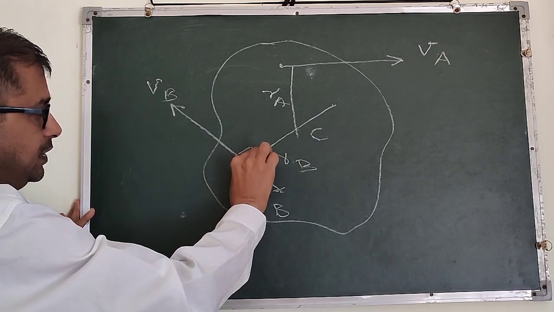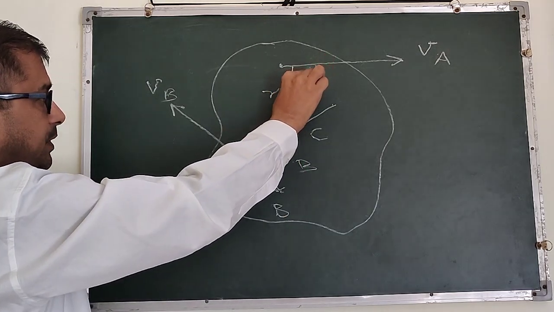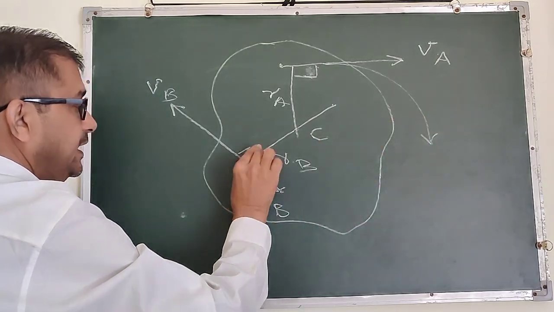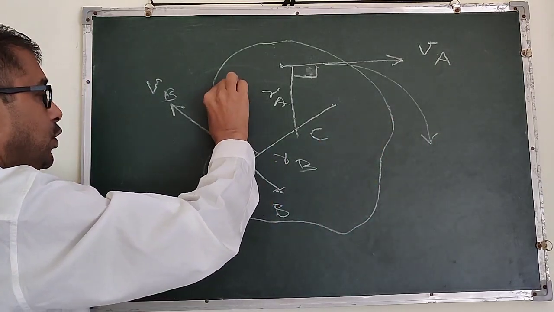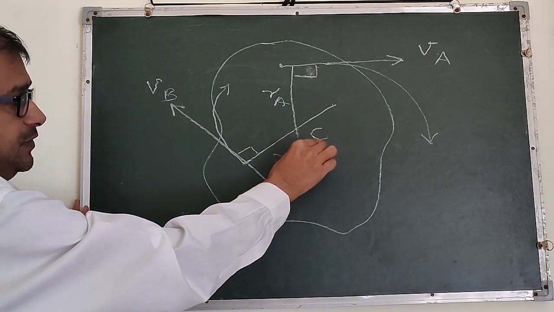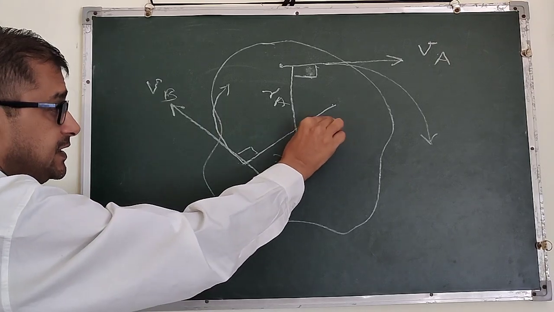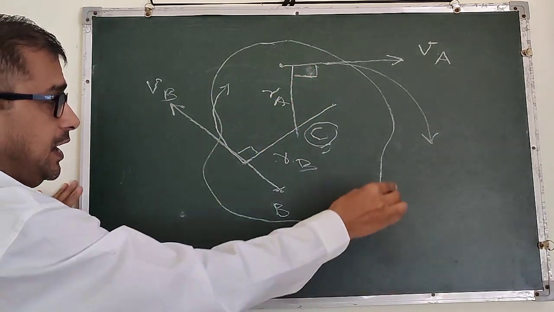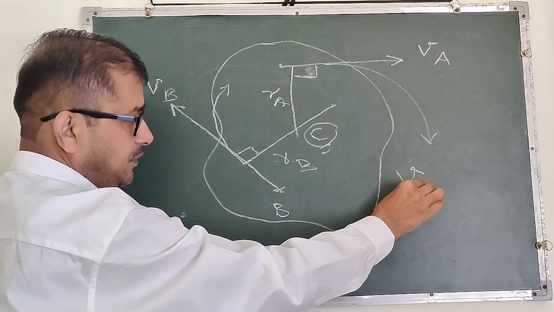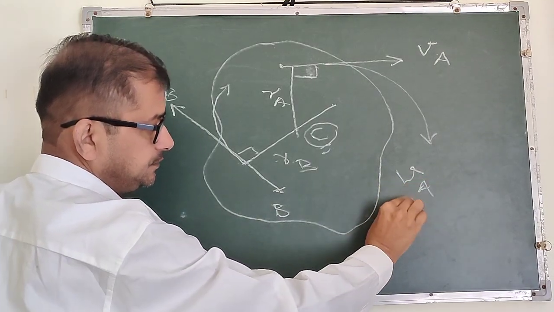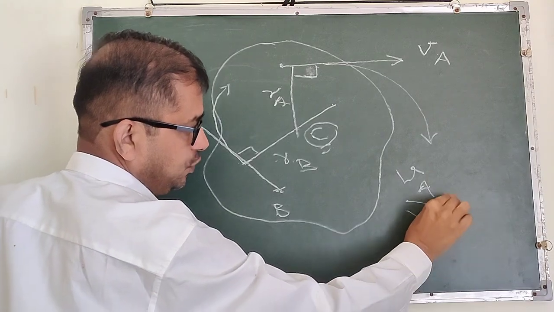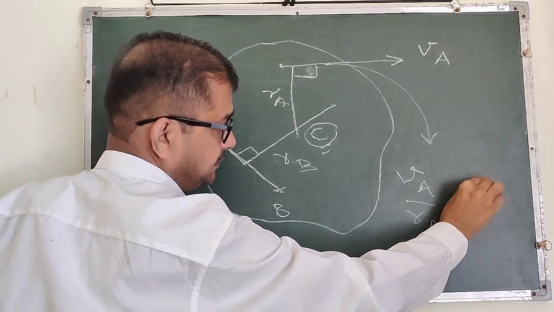This is perpendicular and this is also perpendicular. So the whole body is in pure rotation with respect to C, and this C is at rest. And the same result we will apply: VA upon RA is equal to VB upon RB.